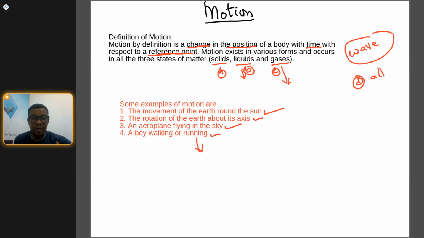So we can say a boy was running on a straight line, and that is linear. And the boy is moving from one point to the other while running. So from this, we can say we have what we call translational motion.